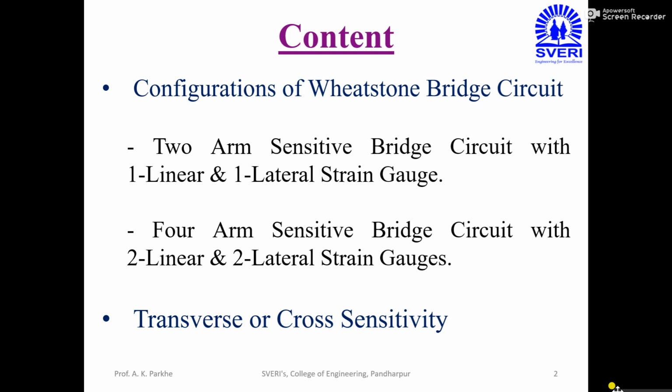So this is about part 4 of this chapter number 6, in which we have discussed the remaining two configurations of the Wheatstone bridge circuit, that is the two arm sensitive bridge circuit in which one linear and one lateral strain gauge is there, and then the four arm sensitive bridge circuit in which two linear and two lateral strain gauges are there, and then we discussed the concept of transverse sensitivity and cross sensitivity, in which we derived a small derivation for the transverse or cross sensitivity factor, and then a small derivation to calculate the error.